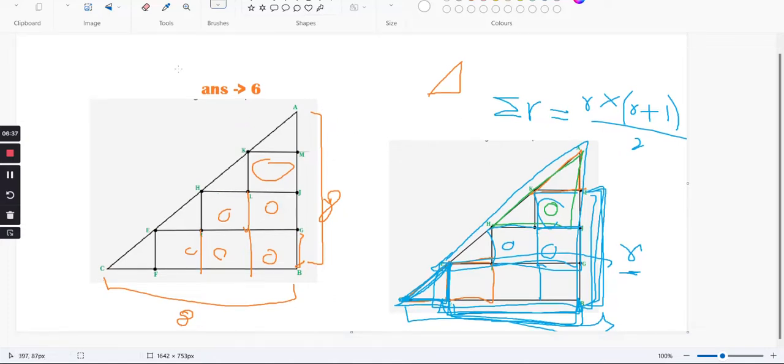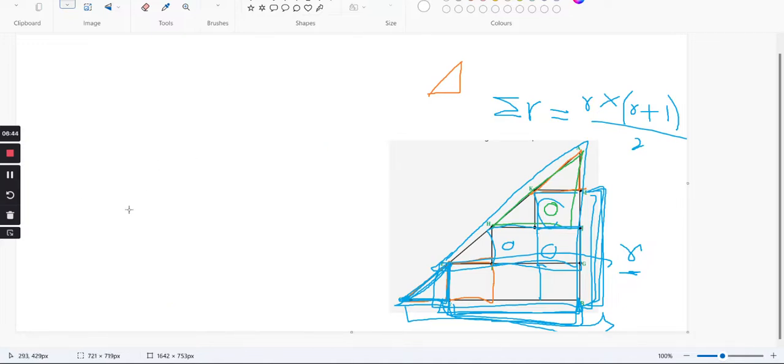What if the base is of odd length? For example, what if we are having something like this? When we are having this length as odd, suppose this was 2, then 4, and then 6.